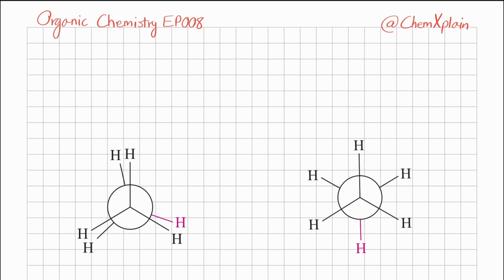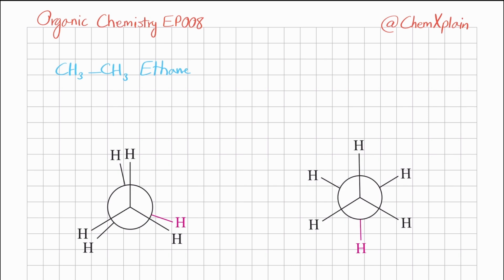Welcome to another episode of Organic Chemistry series. In the previous video, we discussed the different arrangements and conformations for two really basic but important molecules. Can you remember them? One of them was CH3, CH3, which is ethane.